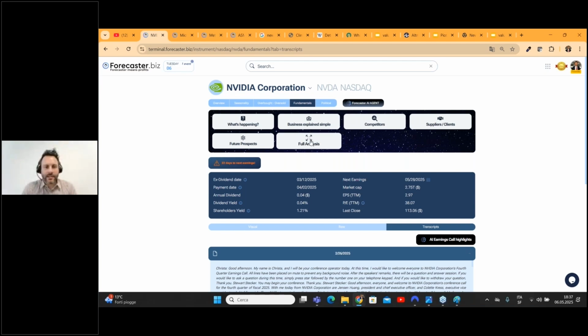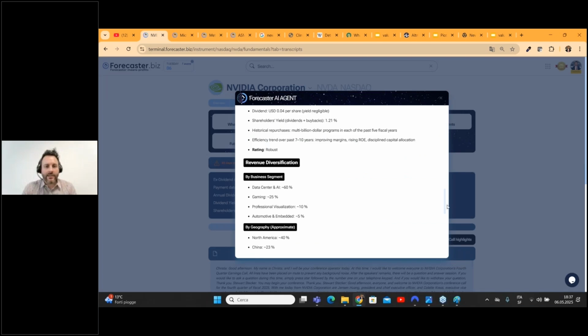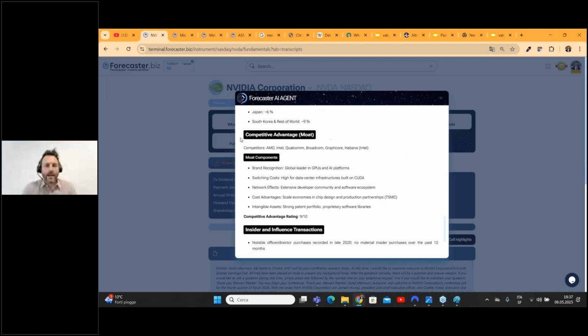And especially in this case, what is very interesting is the competitive advantage analysis. This is something that was invented by Warren Buffett, the moat analysis, okay? And the artificial intelligence in this case gives you a rating for the moat that in the case of NVIDIA is 9 out of 10, which is very high.